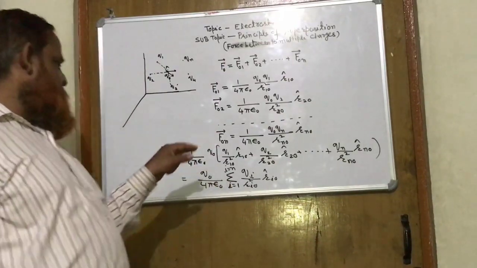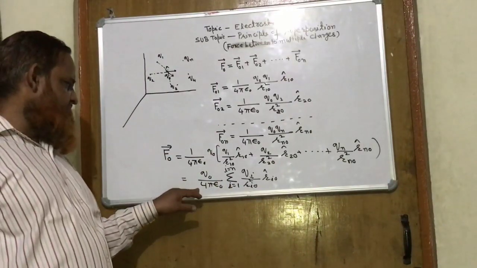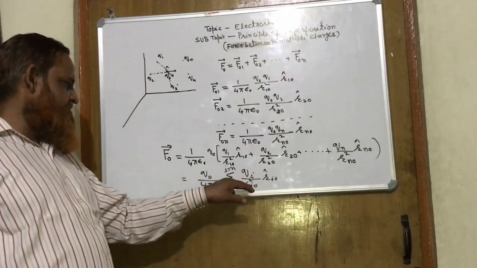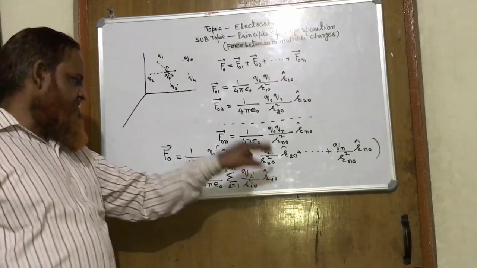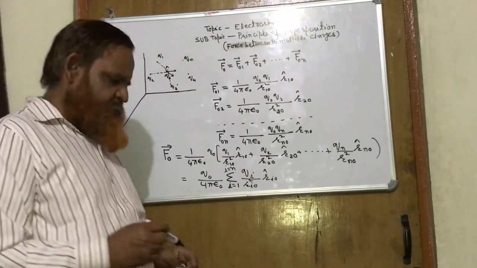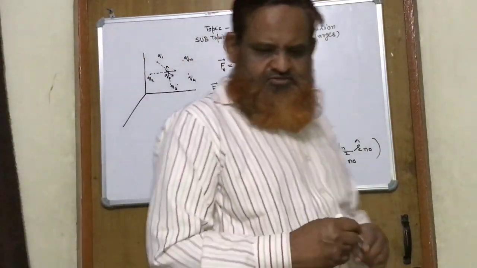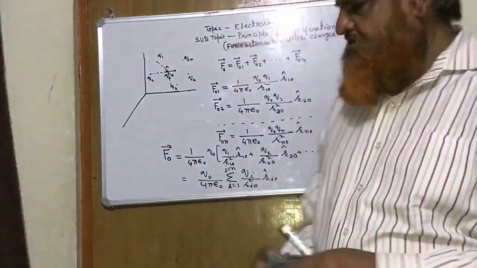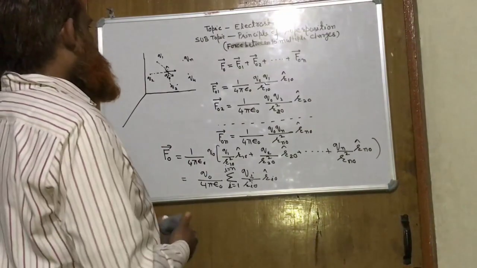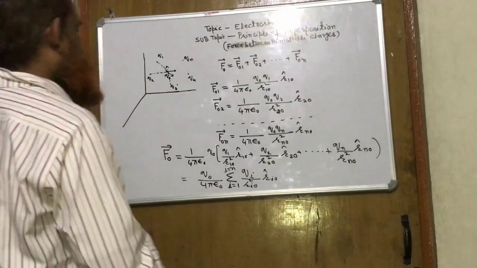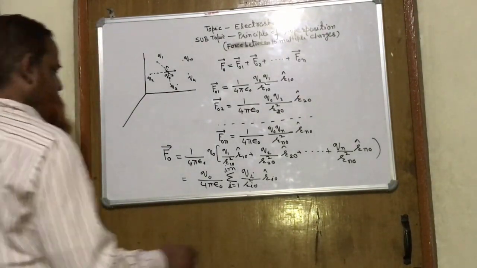If we open this, it is 1 upon 4 pi epsilon naught Q naught Q1 upon R10 square R10 cap and so on. This is a very useful principle. By this principle we can find the force on any charge due to many other charges.